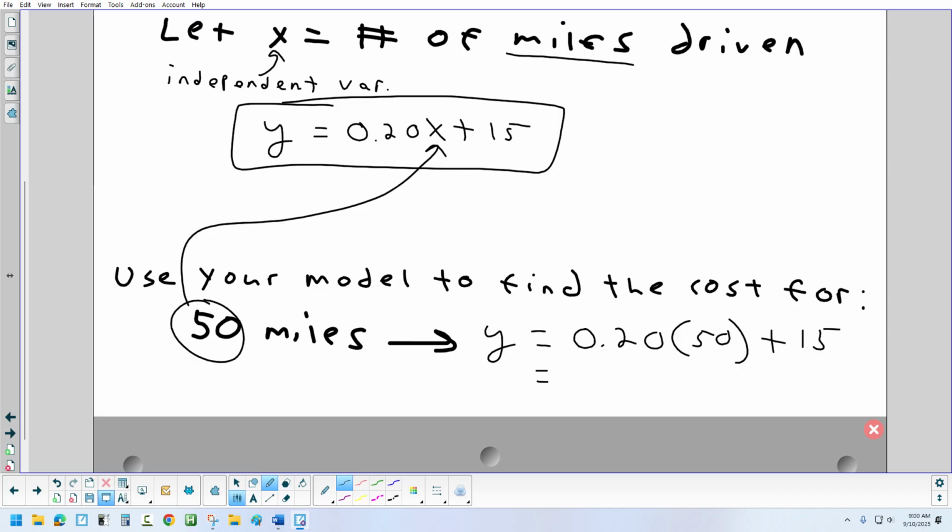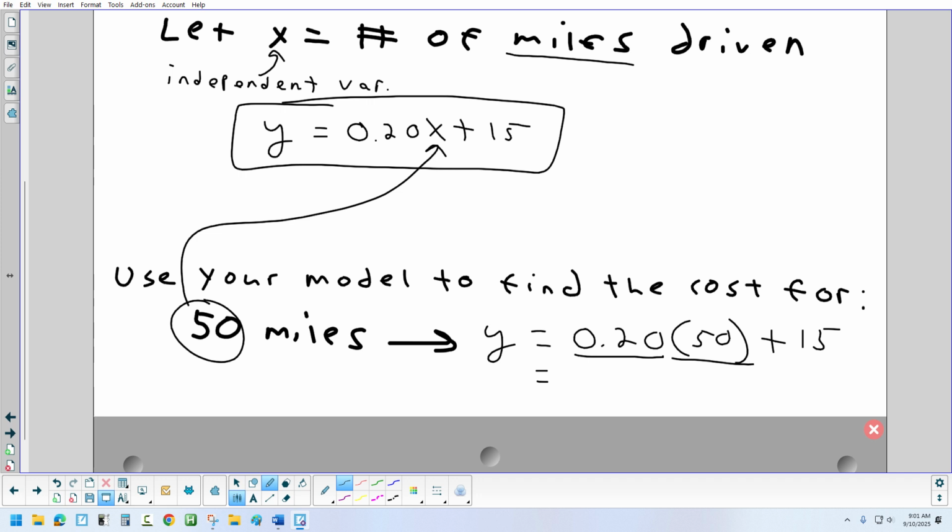What does that reduce to as a fraction, 2/10? Yeah? 1/5. That's 1/5, yeah. So right here, that's 1/5 of 50.